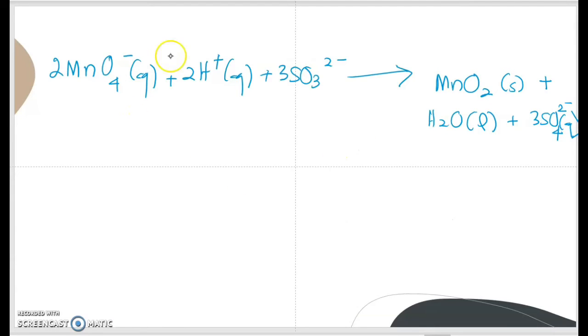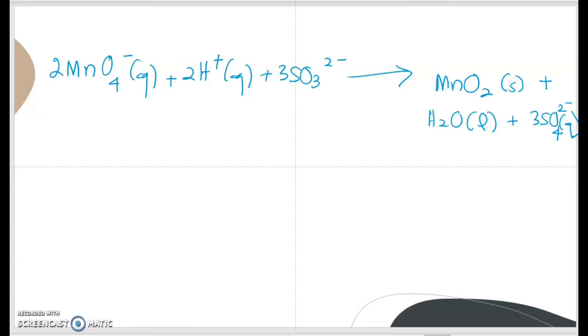Right. This is a balanced equation, and the final equation consists of H plus, meaning that this equation is balanced in acidic medium. How to make it basic?